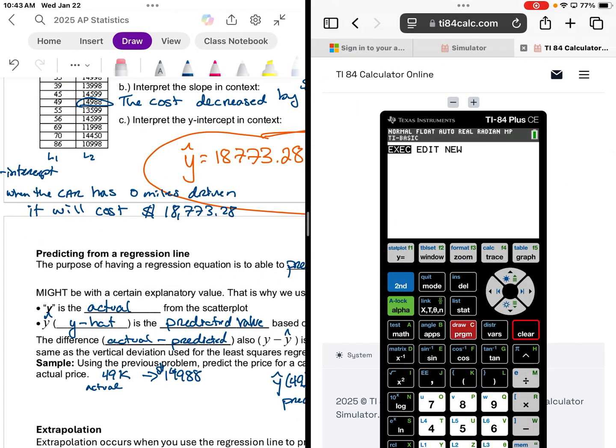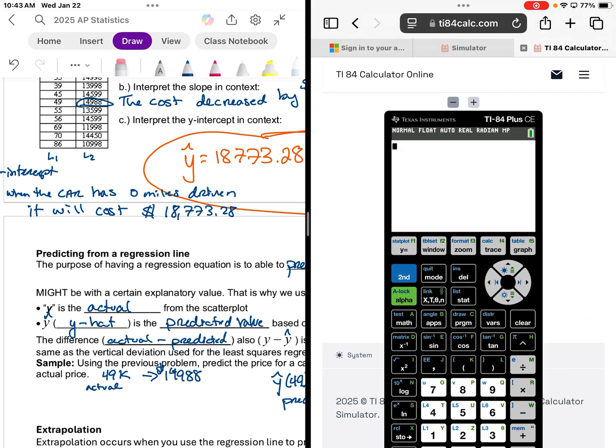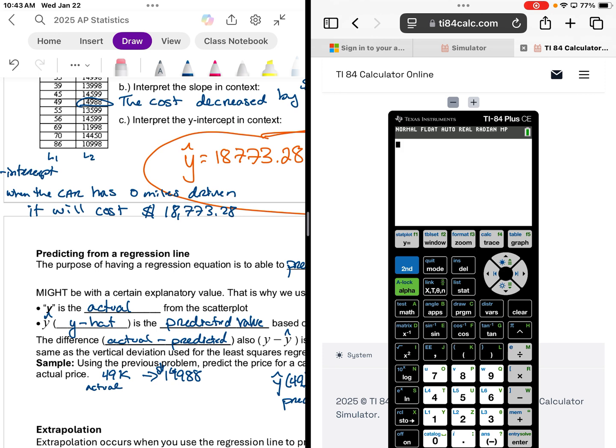So again, 18,773.28 minus 86.18, and that's being times 49. There's our answer there. So that's about what we got.